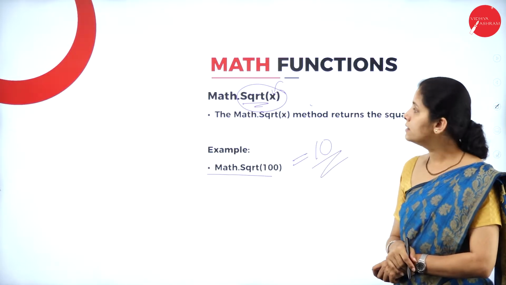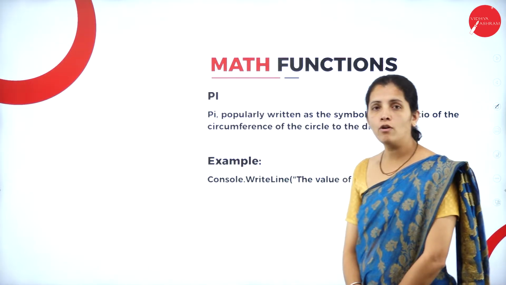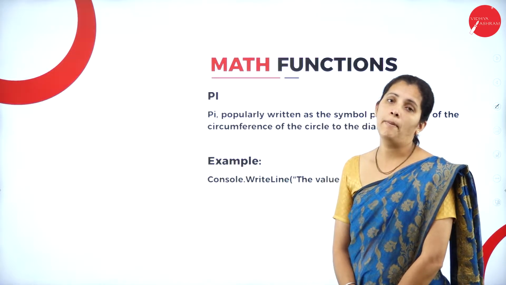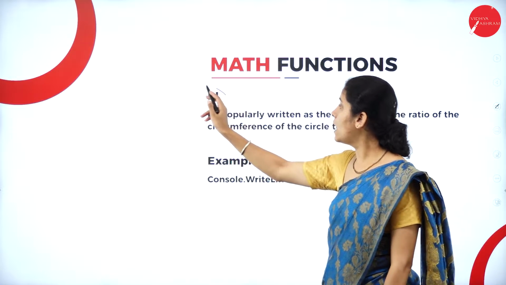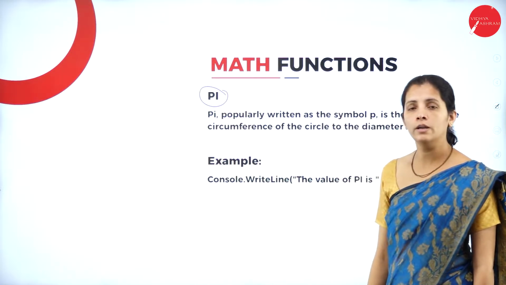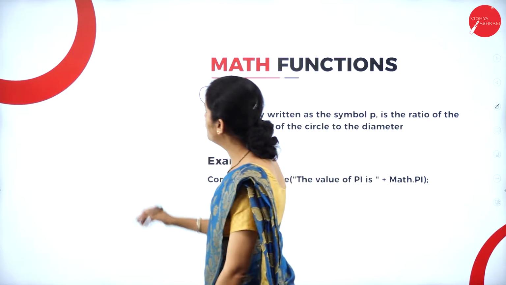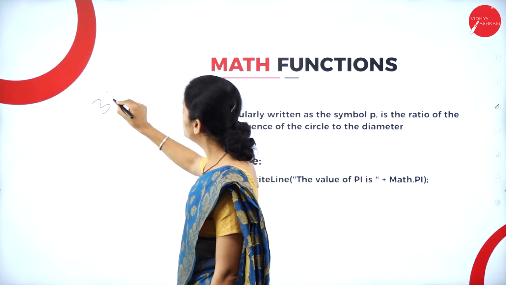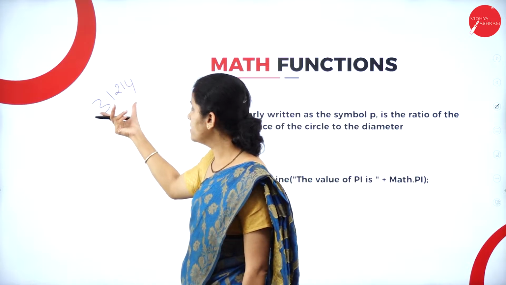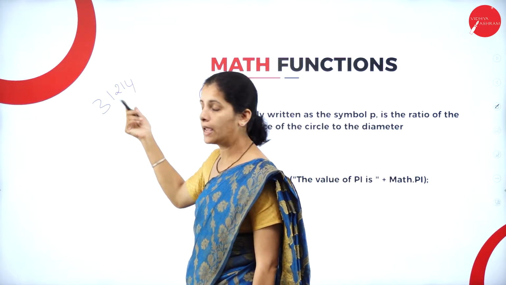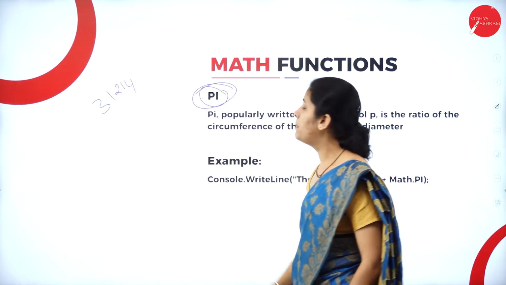Now, suppose I want to use pi, then I have the constant called pi. Instead of using 3.1214 everywhere in my program, I can use pi.